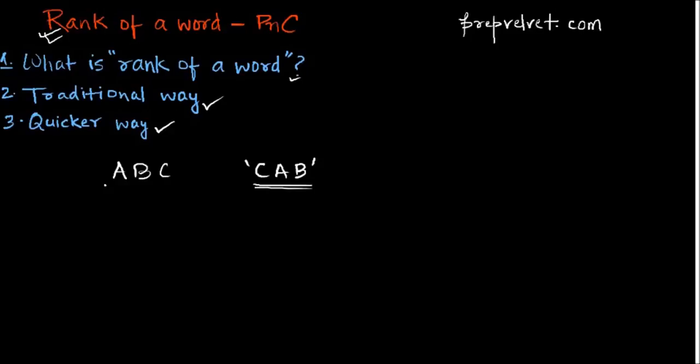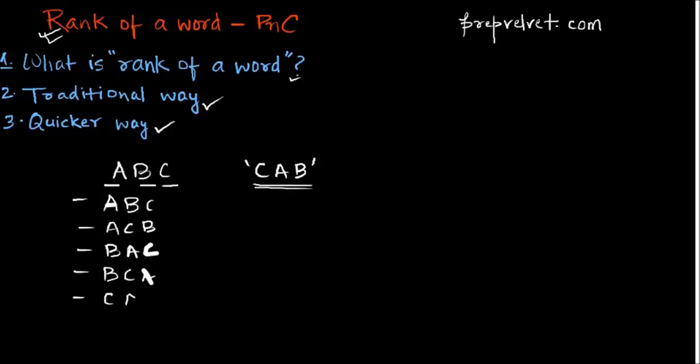So we can write these many words with A, B and C. The first word is ABC, the second word is ACB, the third word is BAC, the fourth word is BCA, the fifth word is CAB, and the sixth word is CBA.